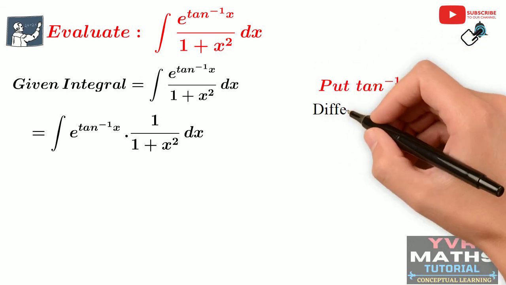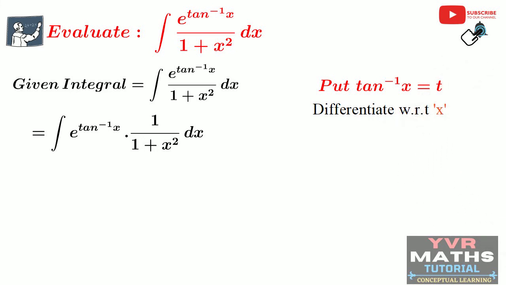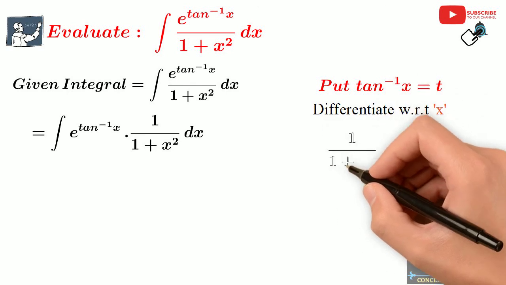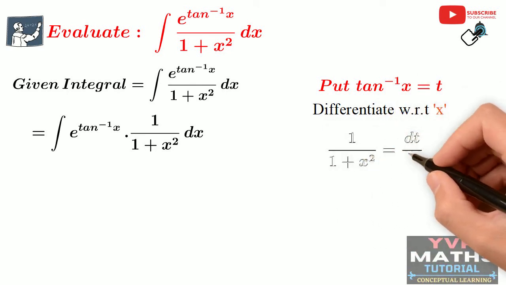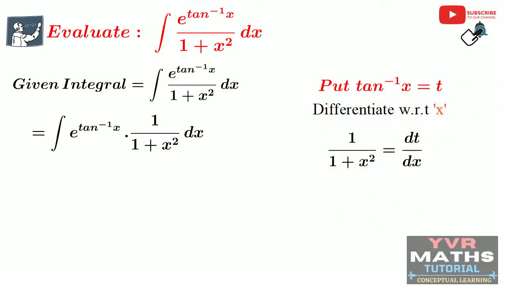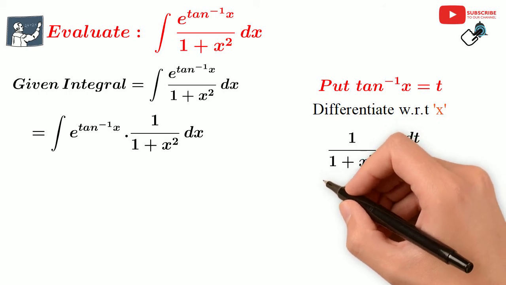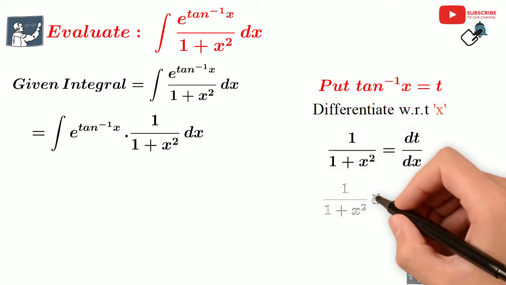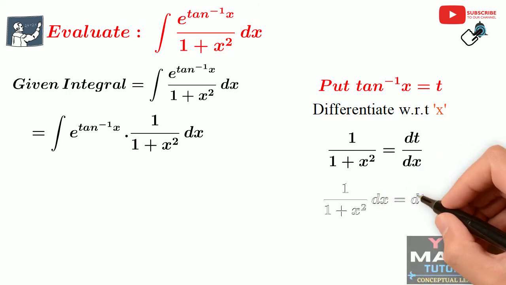Differentiate this with respect to x. Then the derivative of tan inverse x is 1 by 1 plus x² and the derivative of t with respect to x is dt by dx. So the next step is 1 by 1 plus x² is equal to dt by dx. If we cross multiply this, the next step is 1 by 1 plus x² dx is equal to dt.